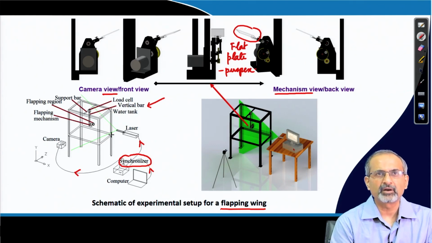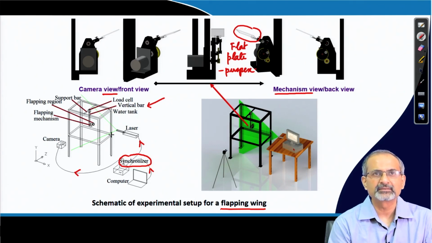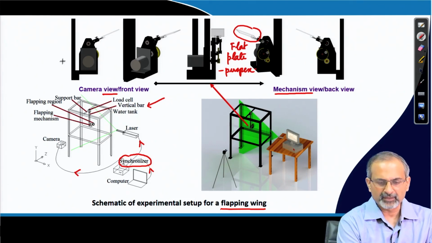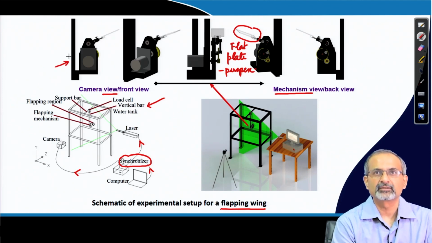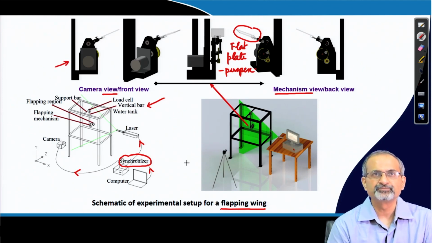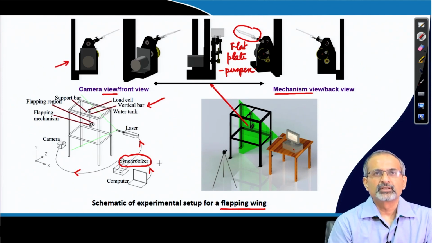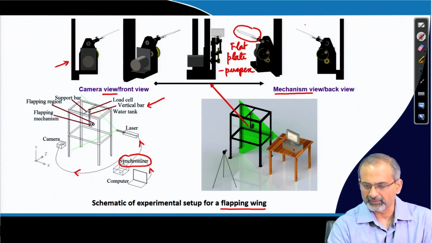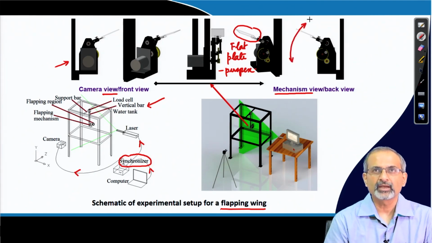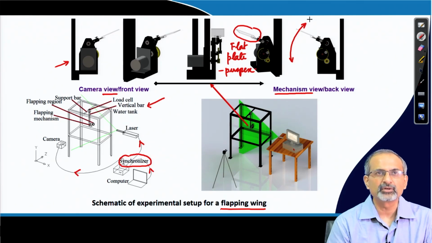You have a vertical bar from which the flapping mechanism is suspended. The flapping mechanism's details, close up views, are shown over here. So, there is a kind of a 4-bar linkage which helps you to achieve that reciprocating motion of the flapper. It moves up and down, and thereby it churns the fluid around in its neighborhood.